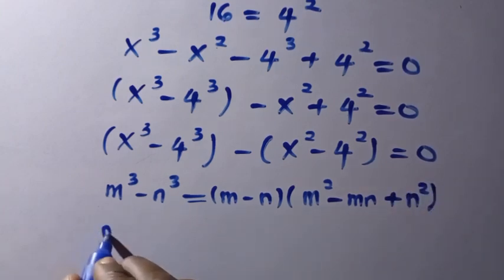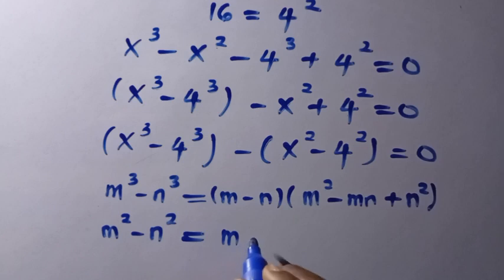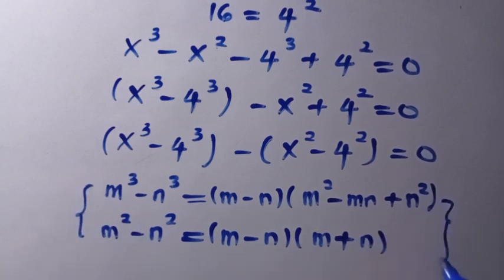And also when we have m squared minus n squared, this equals m minus n multiplied by m plus n. So we consider these two identities.